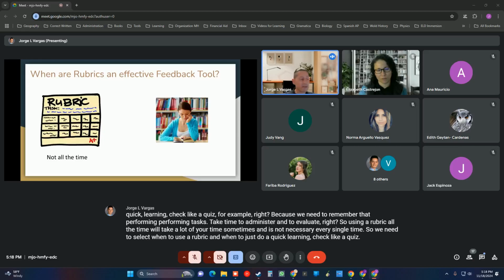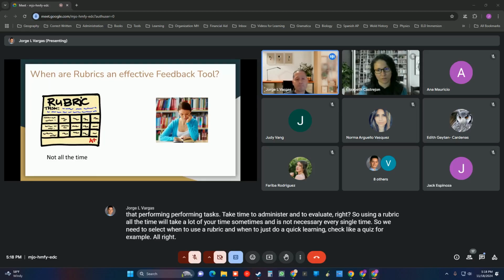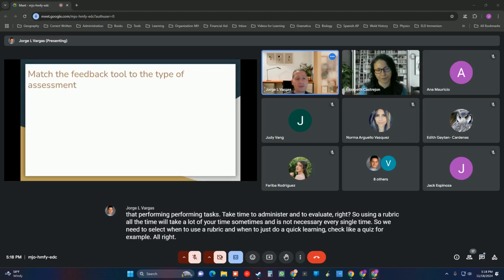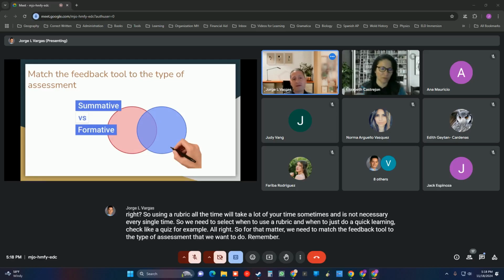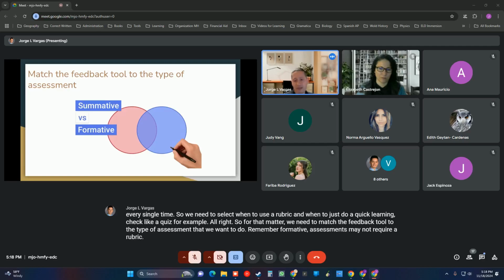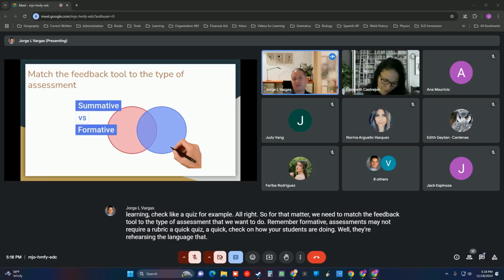Now, summative assessments, on the other hand, where the work is more complex, it is probably recommended to have a rubric handy. So the feedback that you will provide your students is more extensive. You can give them more detailed feedback, for them to know what their strengths and weaknesses were so they can improve. All right.